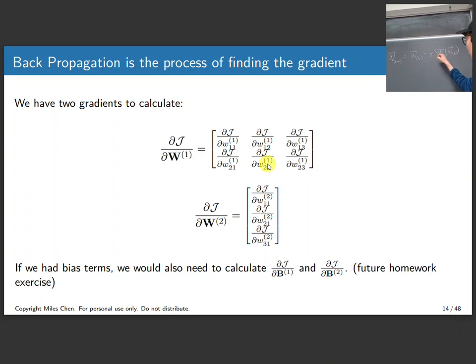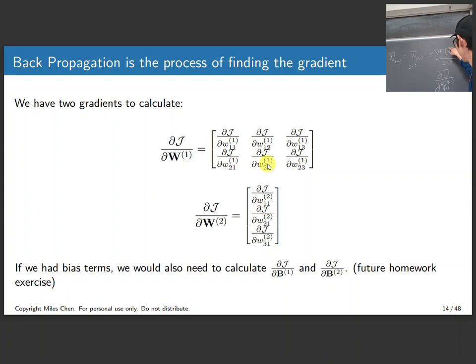In order for you to be able to add these two things together, this thing must have the same dimensions as this thing. So if this is 2x3, then this thing also has to be 2x3. Otherwise, we can't do this plus this. So keep in mind the gradient, which here we're calling dJ/dW1.